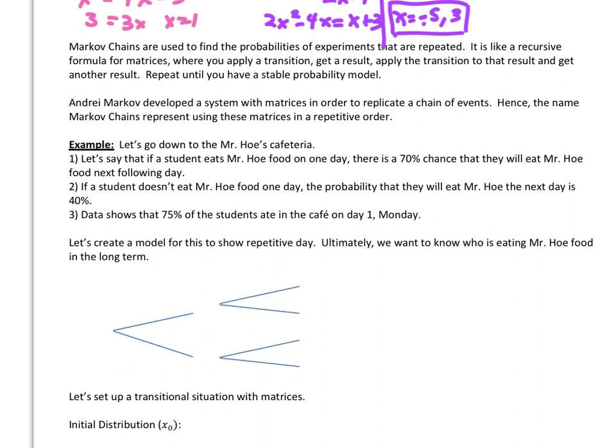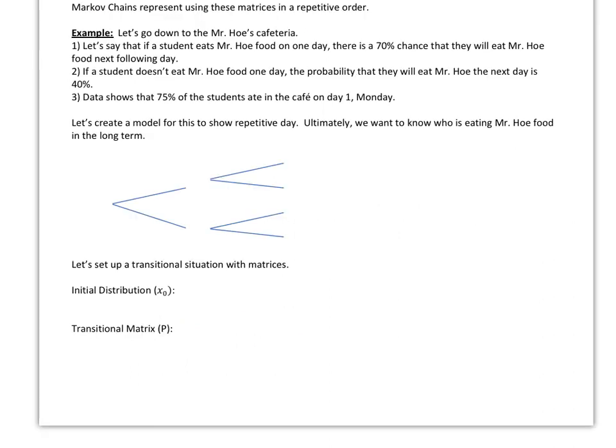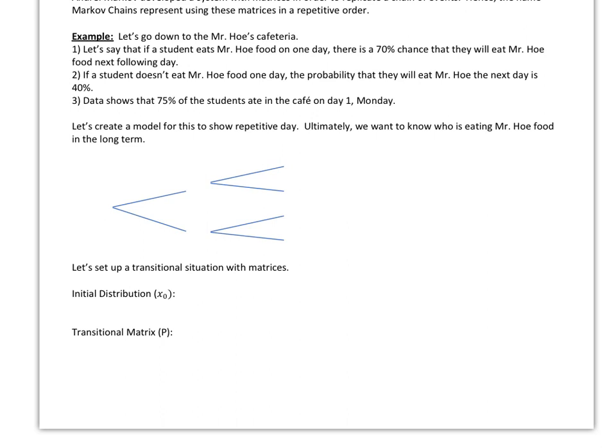So let's see what happens with Mr. Ho in this situation. We have one of two situations. Either students are going to eat Mr. Ho's food or they're not, so I'm going to call that the complement. And what are the probabilities for each one of those? Well, day 1, it's going to be 0.75. So this is my initial state, and this would be my initial state matrix that I would develop with that.